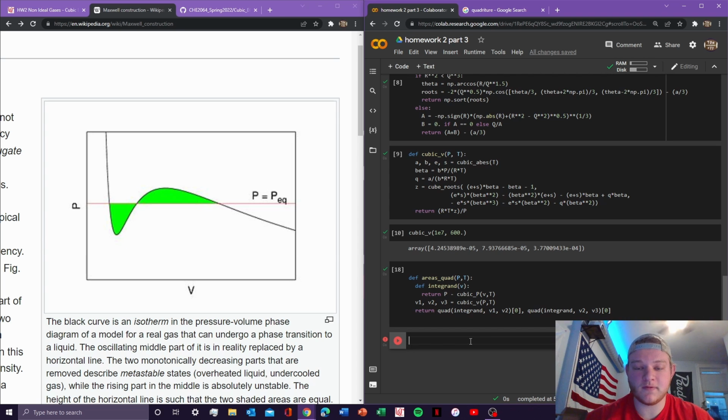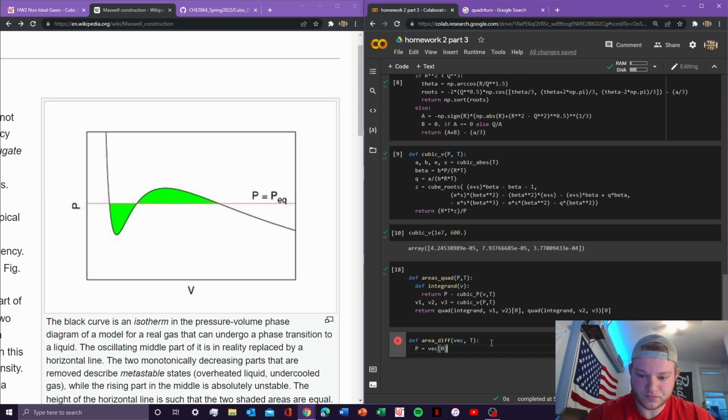Now we need to basically add them together to see if they equal 0. So let's do that. Basically we're taking the difference of them, seeing the difference. So area difference, and that is obviously dependent on pressure and temperature again, but we see in the Maxwell construction that pressure is a vector, so we're going to make that pressure a vector. So P is equal to the vector, and just the first in that vector, so just 0.